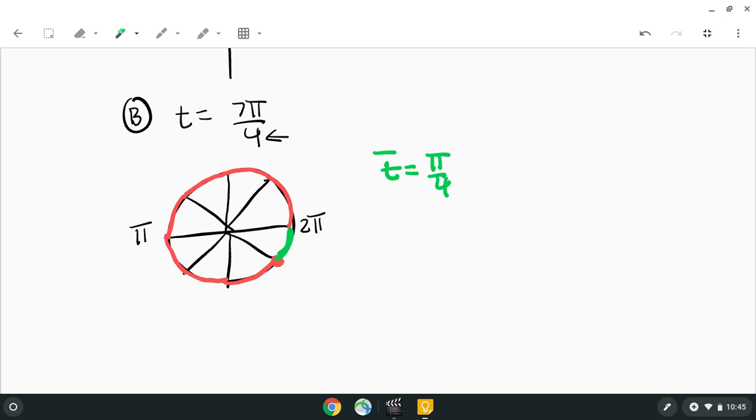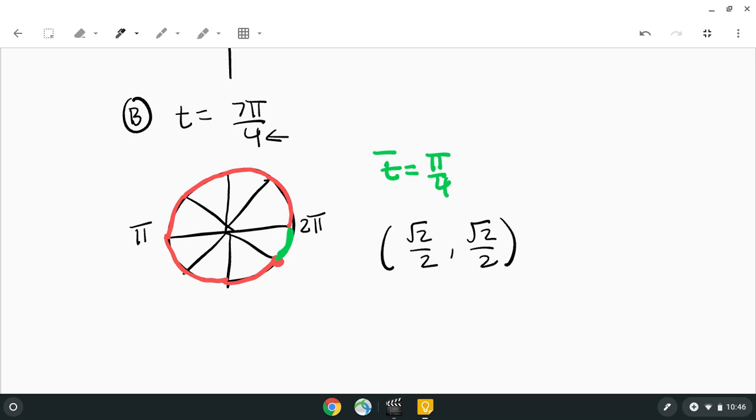And so therefore my point that is associated with that, hopefully you have it memorized, is square root 2 over 2, square root 2 over 2. So we know it's going to be square root 2 over 2, comma, square root 2 over 2.